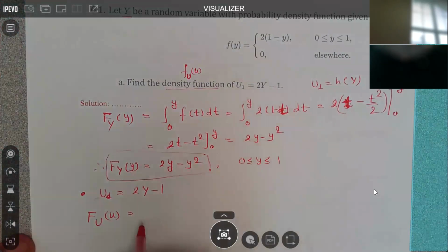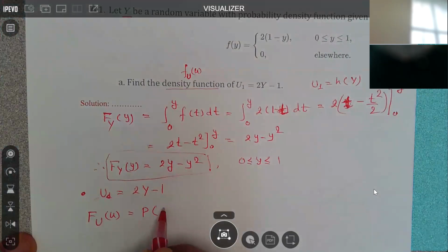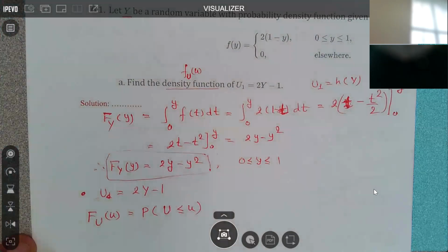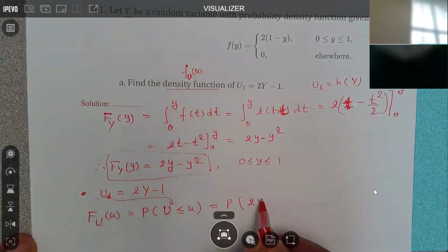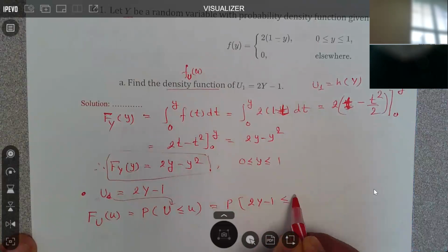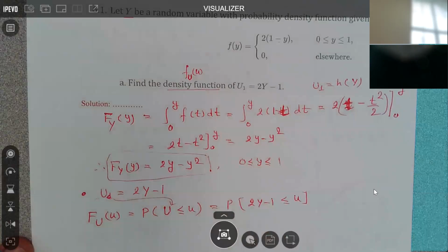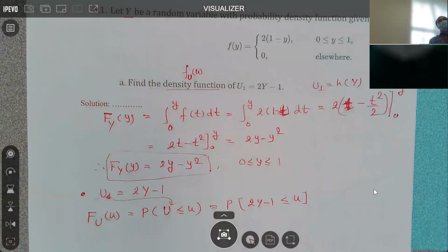So this is equal to, applying the formula here, the probability that the random variable U is less than or equal to u. Now plug in this value here for U: the probability that 2Y minus 1 is less than or equal to u, right?